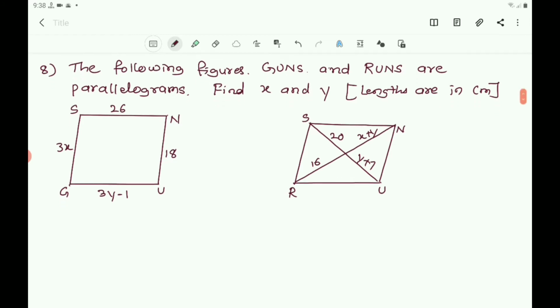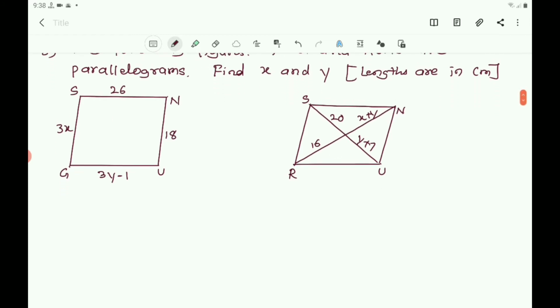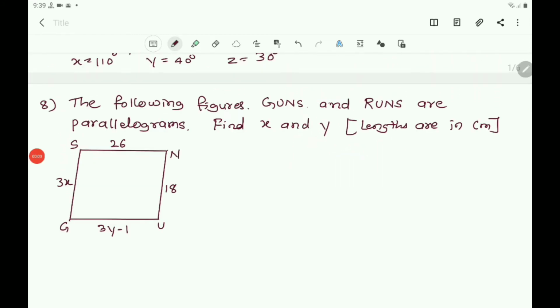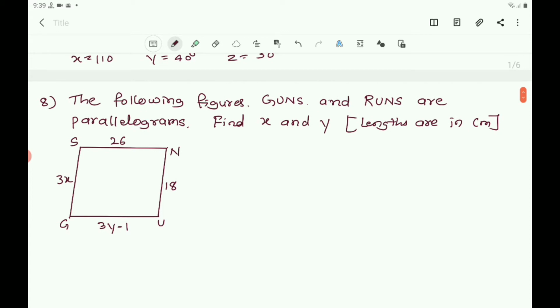Now let us take the first parallelogram GUNS.